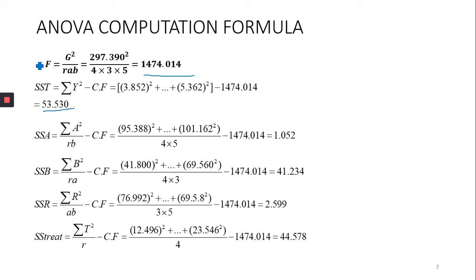Take note, dear students, that for SST, where I put just one summation, this is for simplicity. The correct notation would be a sum. We need 3 summations actually. Sum of y, so we are summing over a, over b, and over r.